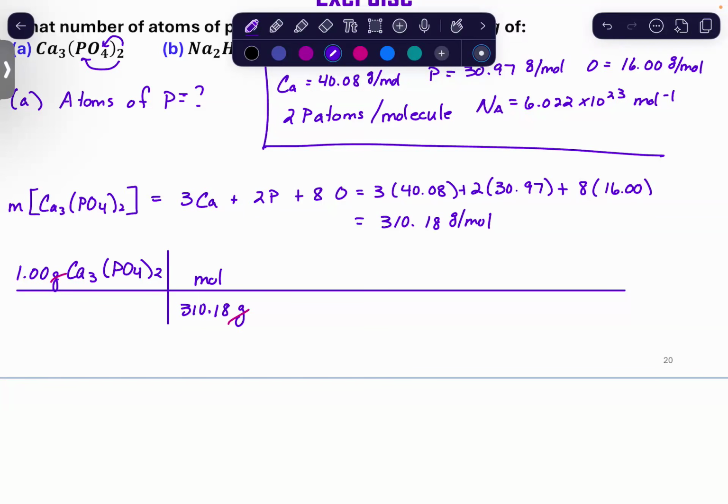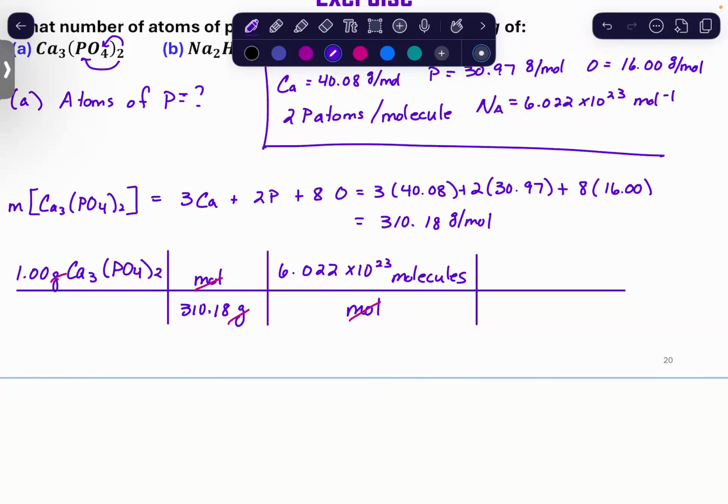Now I need molecules because I can only talk about atoms of phosphorus if I know the number of molecules. I have Avogadro's number of molecules per mole of molecules. So now moles divides out.